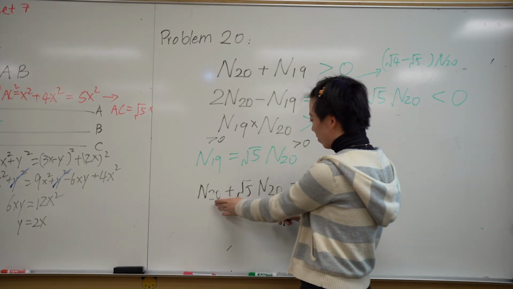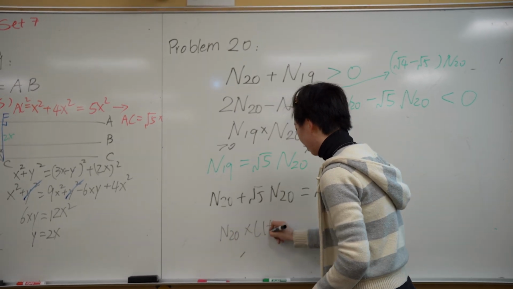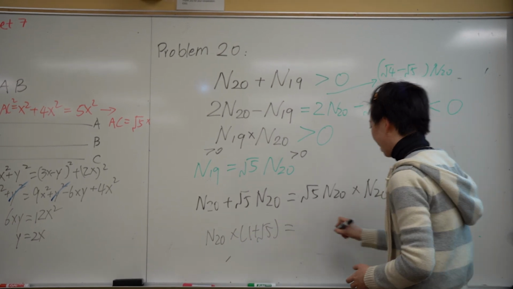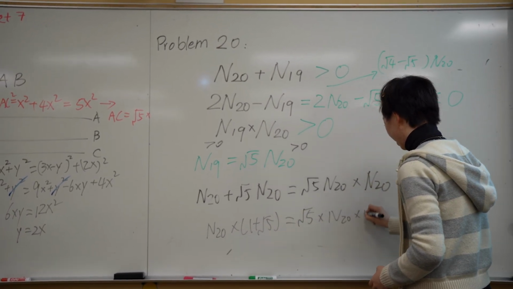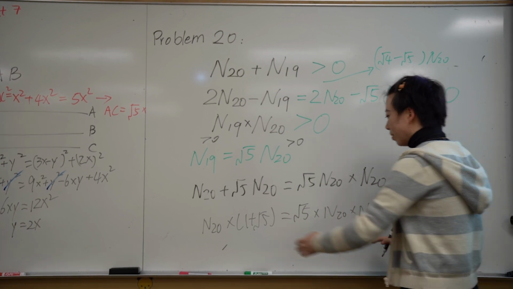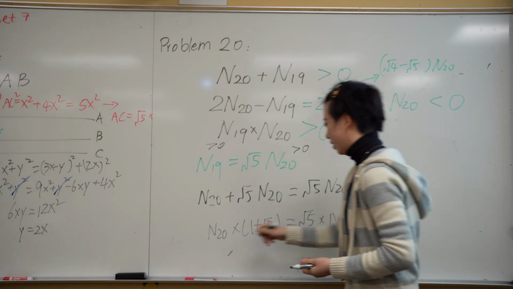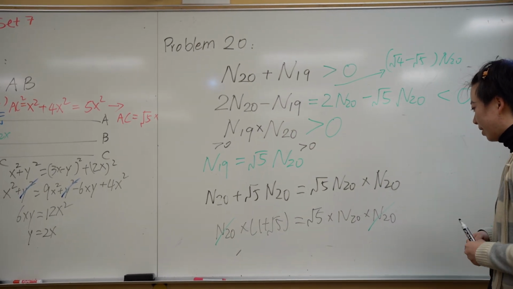If we take out the common factor of n20 here, we would have n20 times 1 plus square root of 5. And then on the right-hand side, what we have is square root of 5 times n20 times n20 again. So both sides have n20, and we also know that n20 is greater than 0, so we can basically cancel out the n20 on both sides.